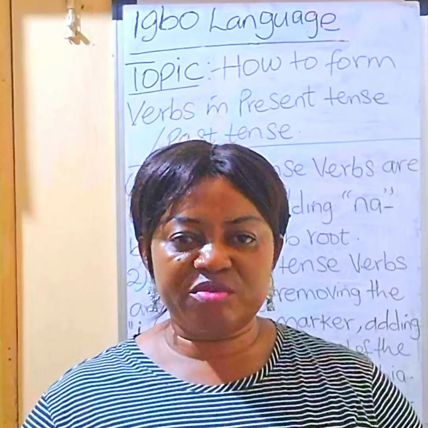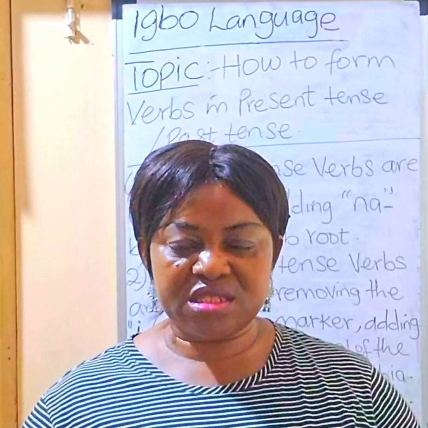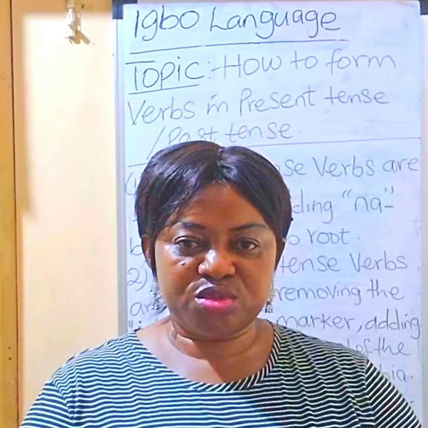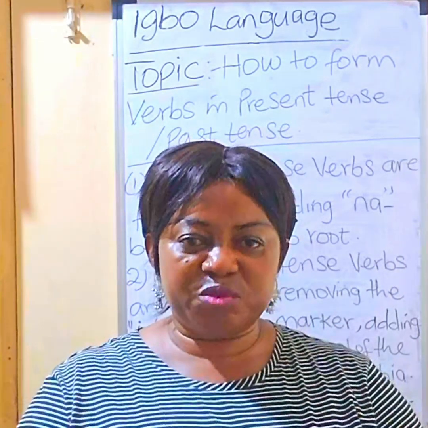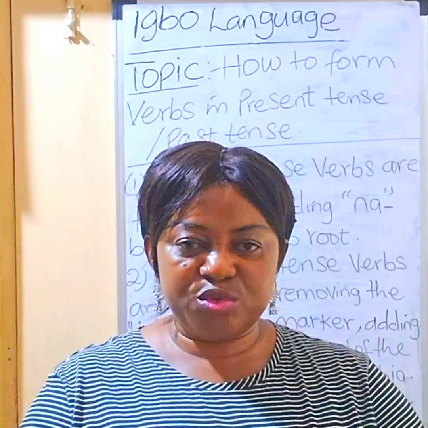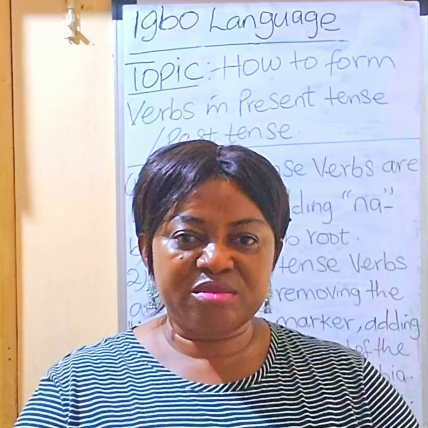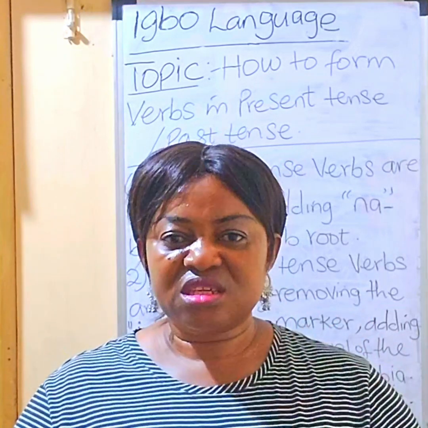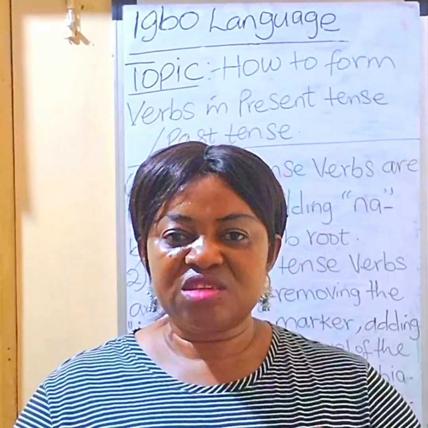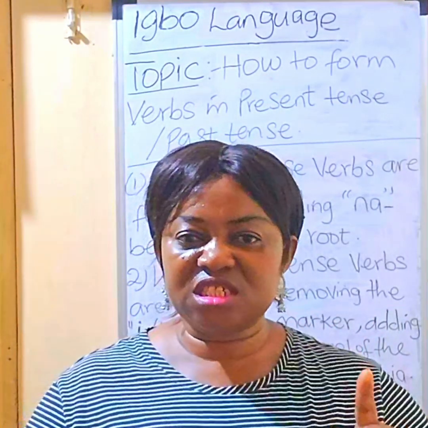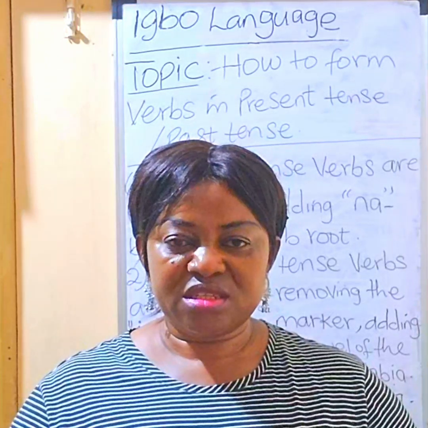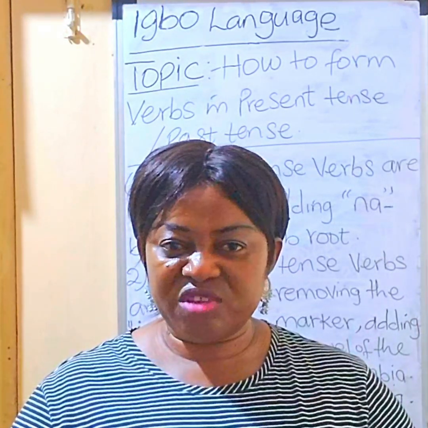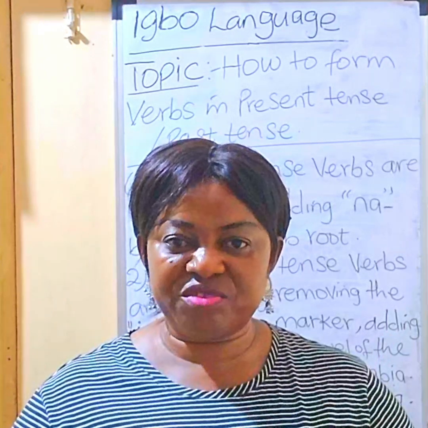Now, if you want to form verb in the past tense, you are going to bring the verb root. That verb root is isimgwa. When you bring the verb root, now you remove the infinitive marker. If the verb root has infinitive marker like e or a, that is the prefix before the verb. We have learned about that now, prefix and suffix.